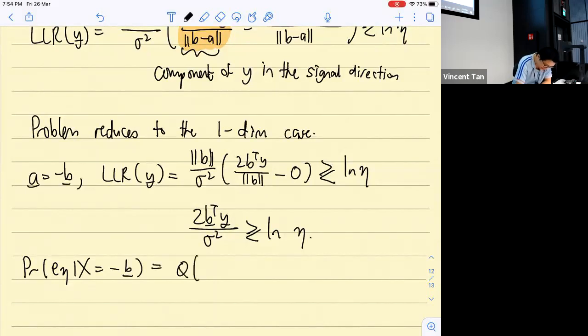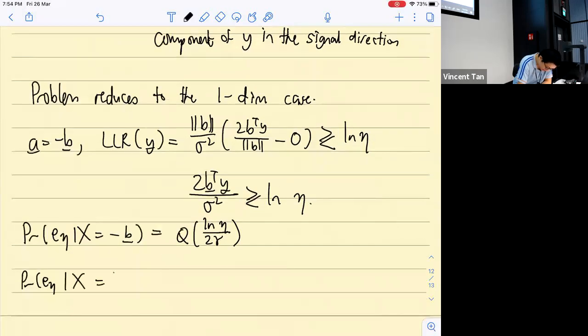Through the same type of calculation as we did for the one-dimensional case, you will notice that this is log eta over 2 gamma. Gamma has not been defined, and the probability of error given X equals B is equal to Q of minus log eta over 2 gamma. Here, gamma is a proxy of the signal to noise ratio, which is given by norm of B over sigma.